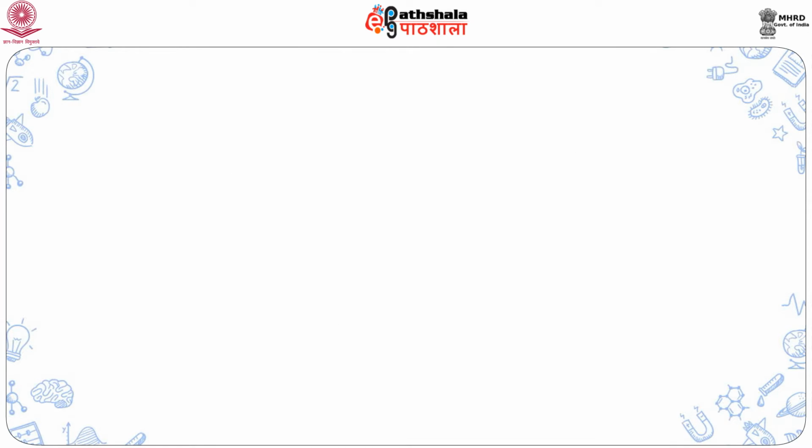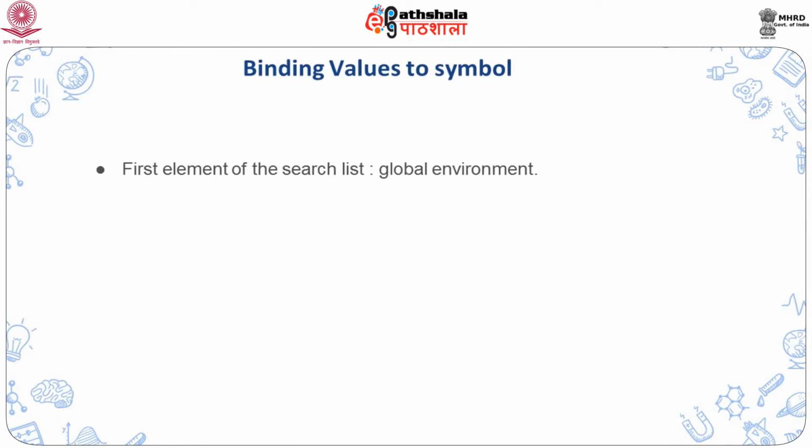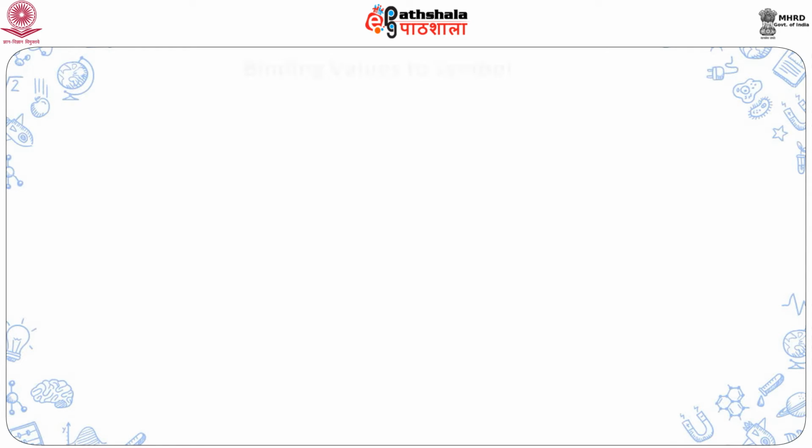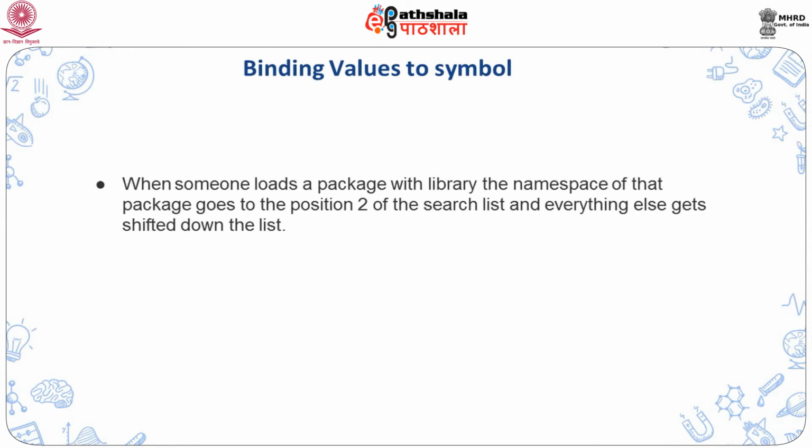The first element of the search list is always the global environment. The last element of the search list is always the base package. The order of the search list always matters. When someone loads a package with library, the namespace of that package goes to position 2 of the search list and everything else gets shifted down the list.